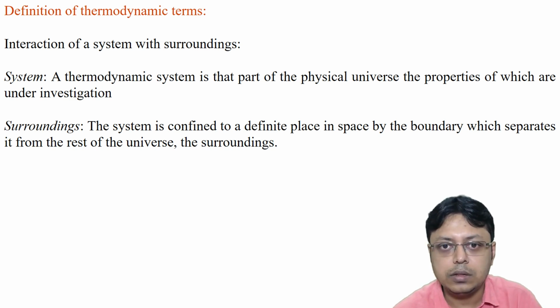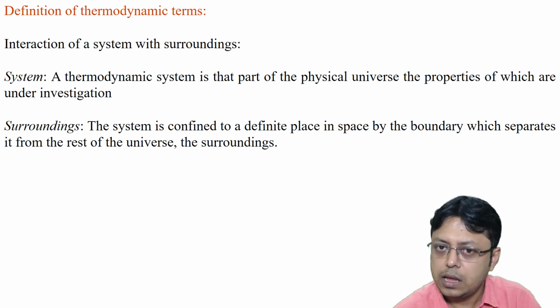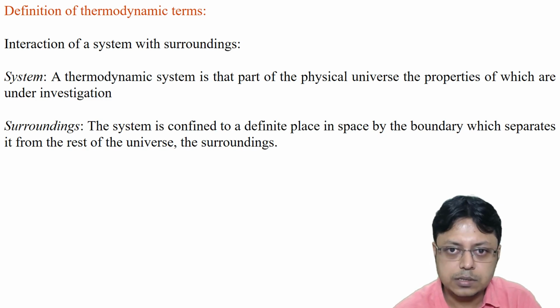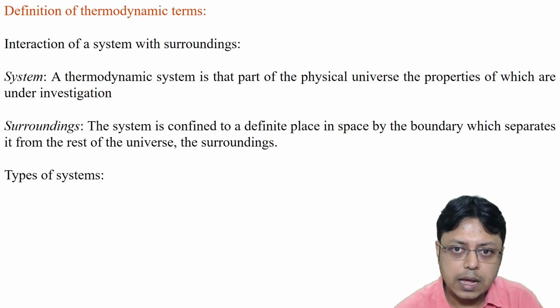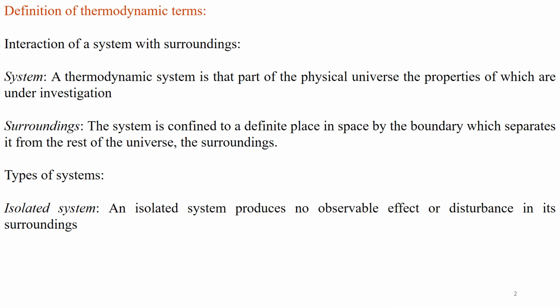Now, depending on the nature of the boundary, we can have different types of systems. For example, open system, closed system, and isolated system. A system is called an isolated system if it produces no observable effect or disturbance in its surrounding. Now, what will be a perfect example of an isolated system?